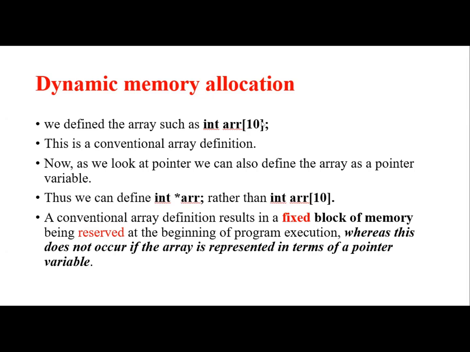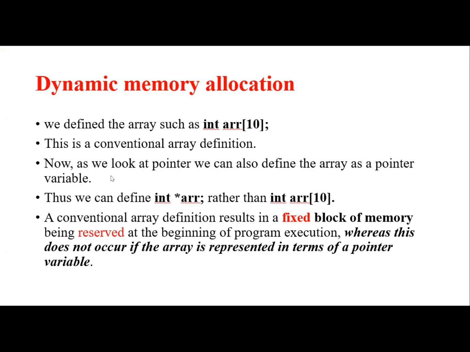When the compiler reads this size of 10, into 4 bytes or 2 bytes, memory will be allocated to this array. It will be fixed. So this memory address would be allocated to this variable array ARR, and then when the value is entered in this address, the value would be stored. So this is the conventional way of defining an array.